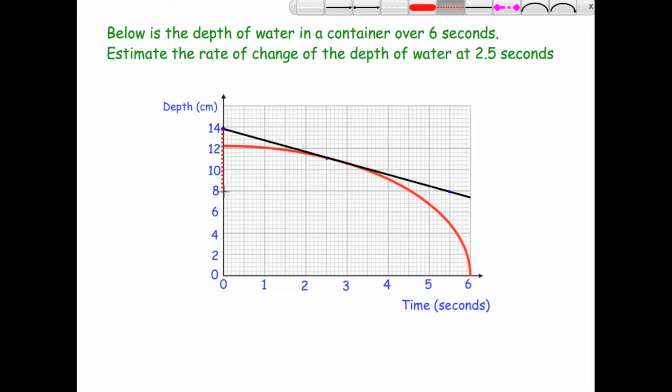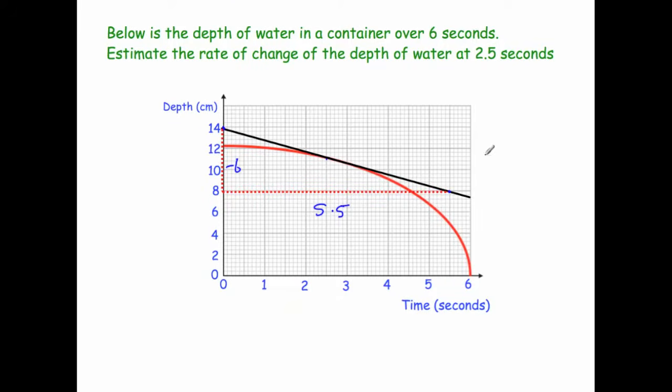So obviously this is going to give us a negative gradient because the line's going downwards. So our run, that's what we're going to cross. That's from 0 to 5.5. So 5.5, and our rise, well, it's going down here, so it's going to be minus, and it goes from 14 to 8, so it's a -6.